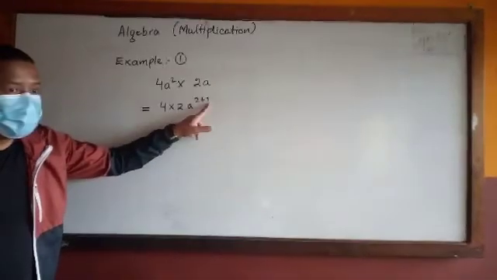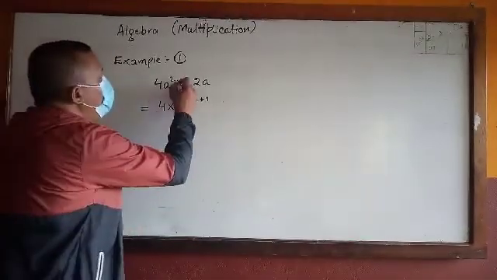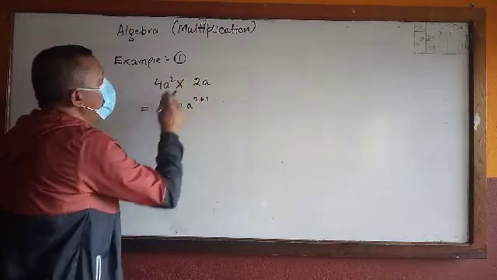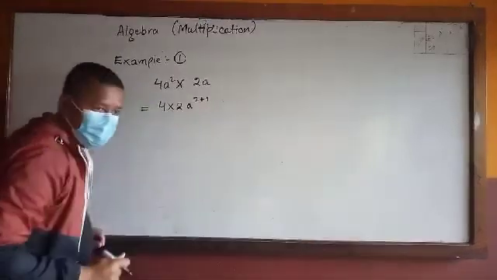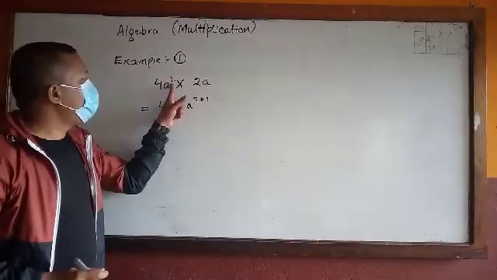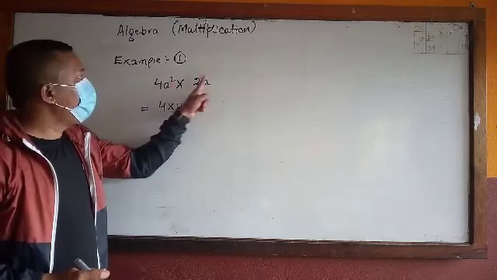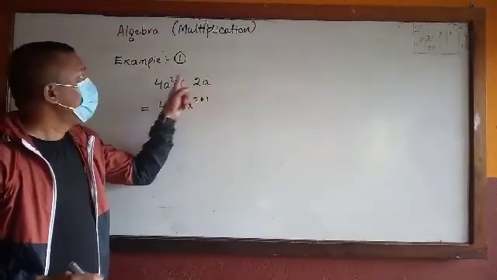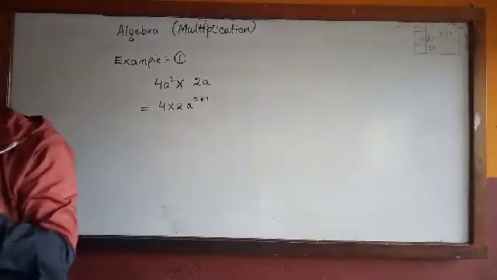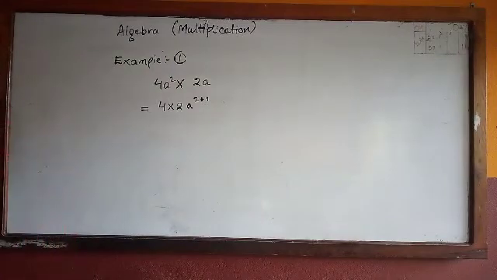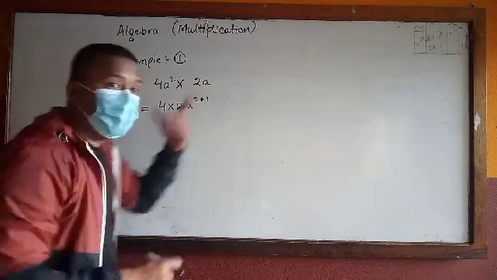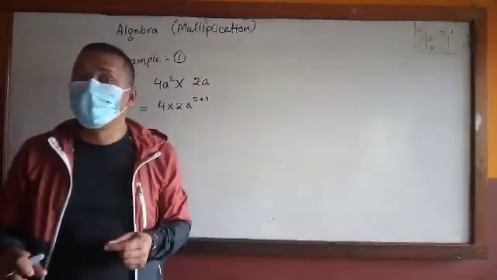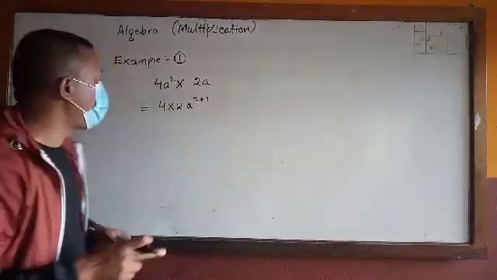During multiplication, the powers will be added. This is the power, no? Yes, sir. There is also a 1 that is not written. The powers are added while multiplying in algebra. But in division, the powers will be subtracted.